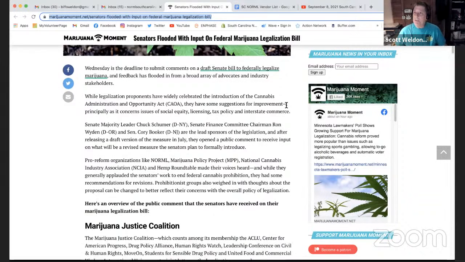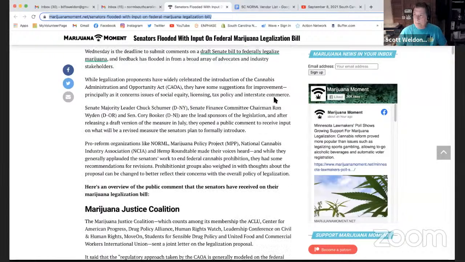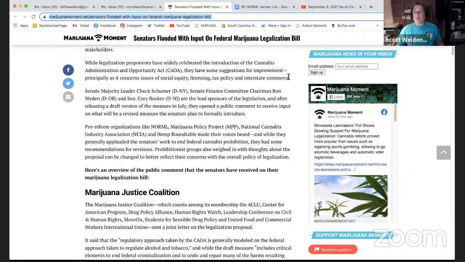We'll skip through real quick. As I mentioned, it's the Cannabis Administration and Opportunity Act. There are suggestions for improvements, principally concerning social equity, licensing, tax policy, and interstate commerce. This is a bill from Senate Majority Leader Chuck Schumer, with Senate Finance Committee Chair Ron Wyden and Senator Cory Booker of New Jersey as lead sponsors.